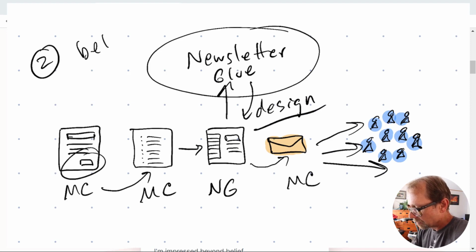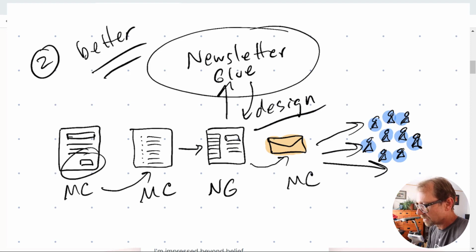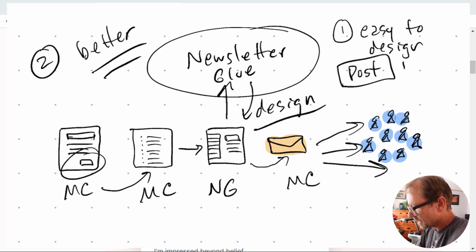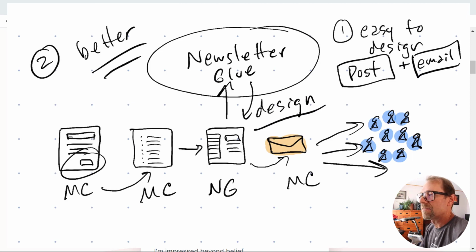That's maybe a better way to go for certain use cases. It really takes care of two things. For one, it makes it easy to design, because what you're doing is making a post for your viewers on your website, and at the same time you're making the email, where you can control what that email has, if it's excerpts of your content, different pictures and things like that, that link back to your post.